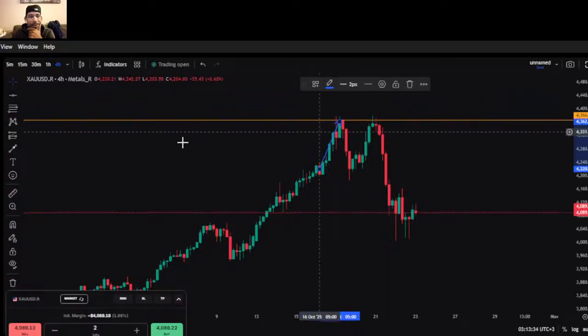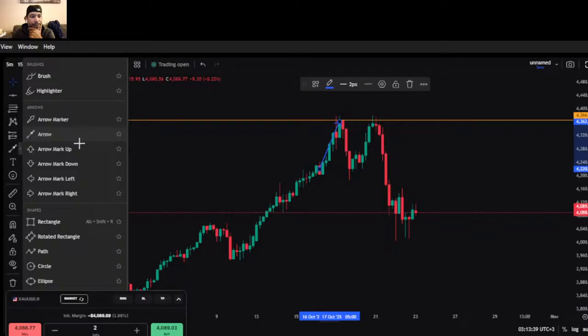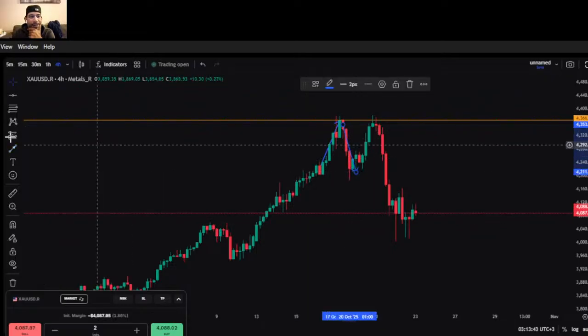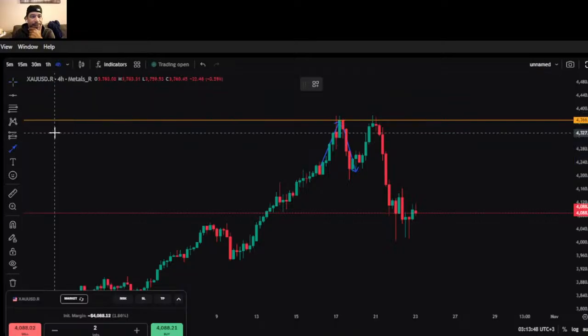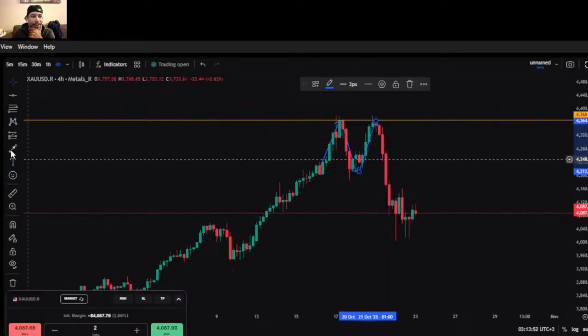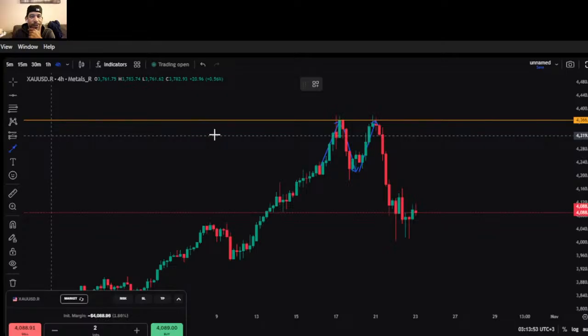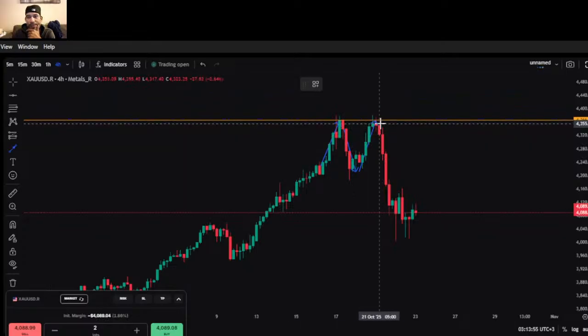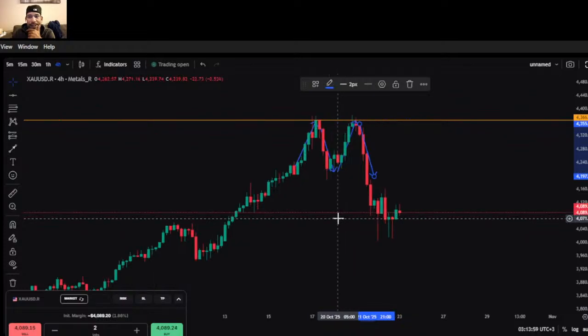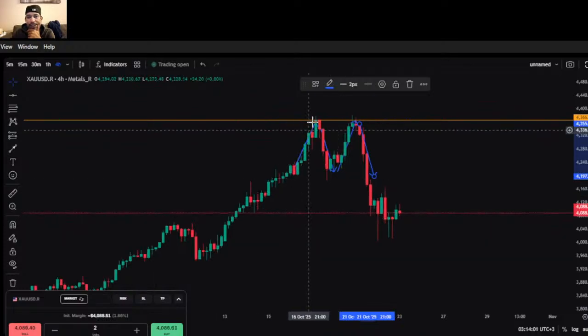So we pushed up here, and then we came down. Same thing again here. All right, come up. And this is what we call a double top, right? Or as some like to say, an M-shaped pattern, right? So it looks like the letter M. You see that?